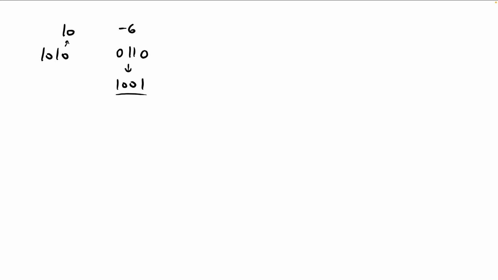Now let me show you, if I were to take 10 in this case, and add it to -6, what would we get as a result? We get 1, 1, 0, and then we have a 0 with a carry of 1. This gives us a result of 3 in this case. What we have to do is take this carry and add it back on, like we did with the 9's complement.